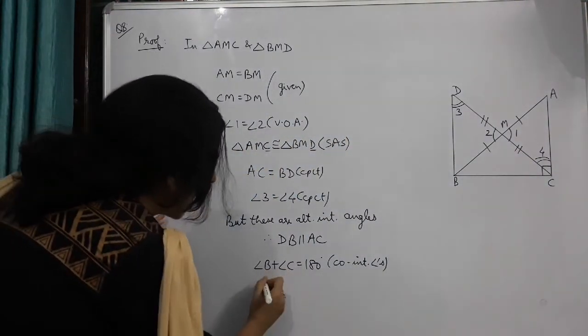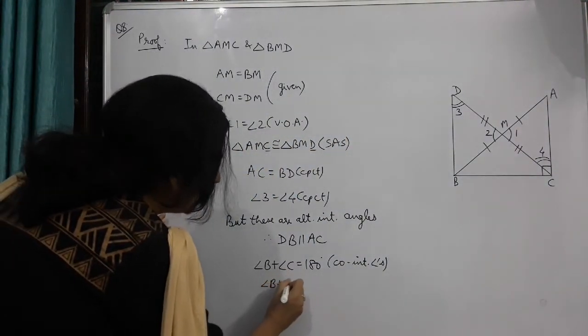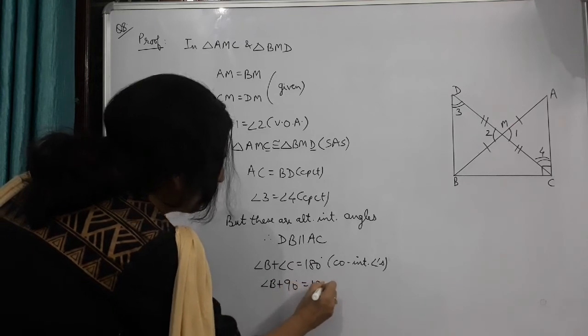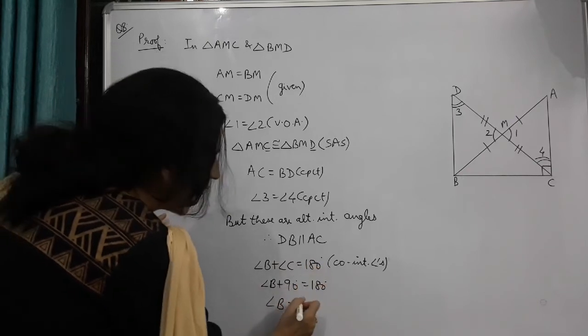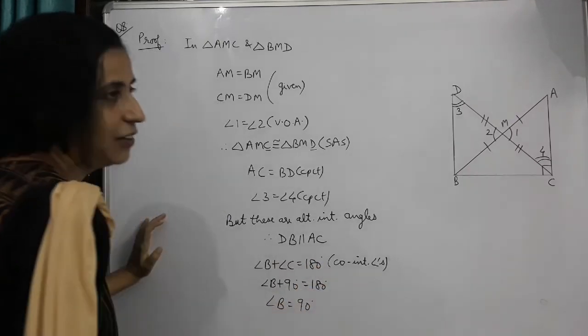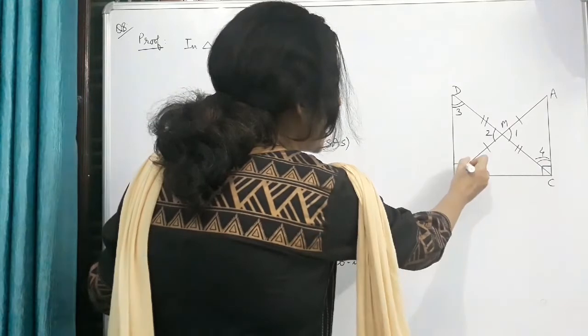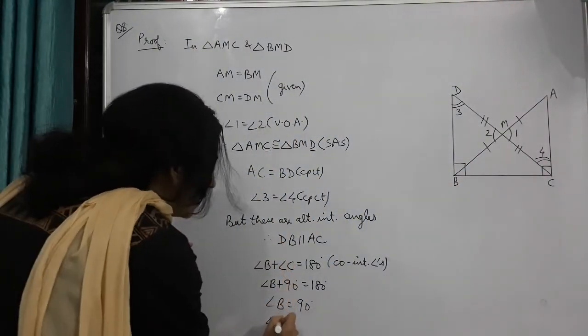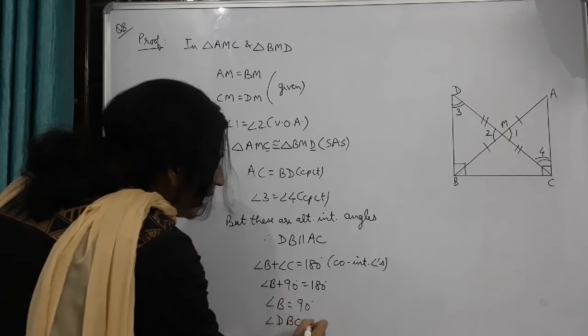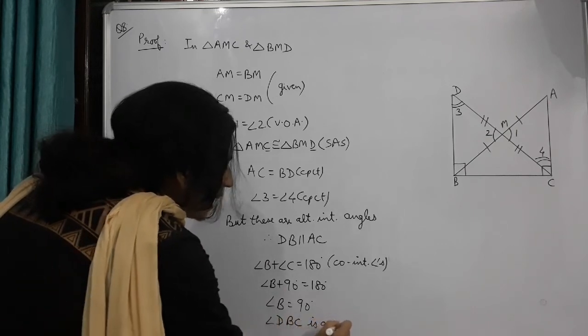So in place of angle C, we write down 90 degrees. So from here we obtain angle B is equal to 180 minus 90, that is 90 degrees. Angle B is 90 degrees, or we can say that angle DBC is a right angle.